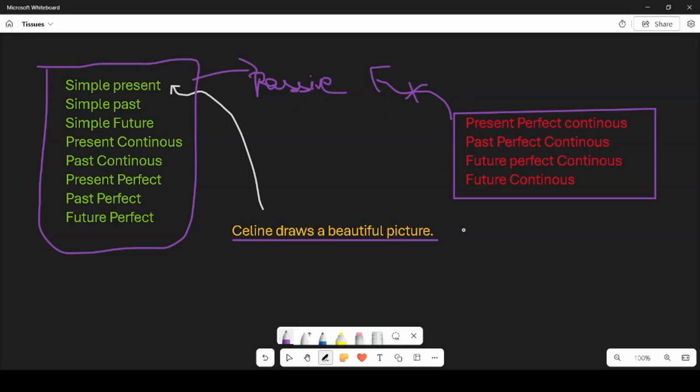Sometimes you can have in your exams a trick question. They can give you a present perfect continuous tense sentence, and they might ask you to convert it into passive. It might be a trick question. So please always check the question properly and verify its tense.